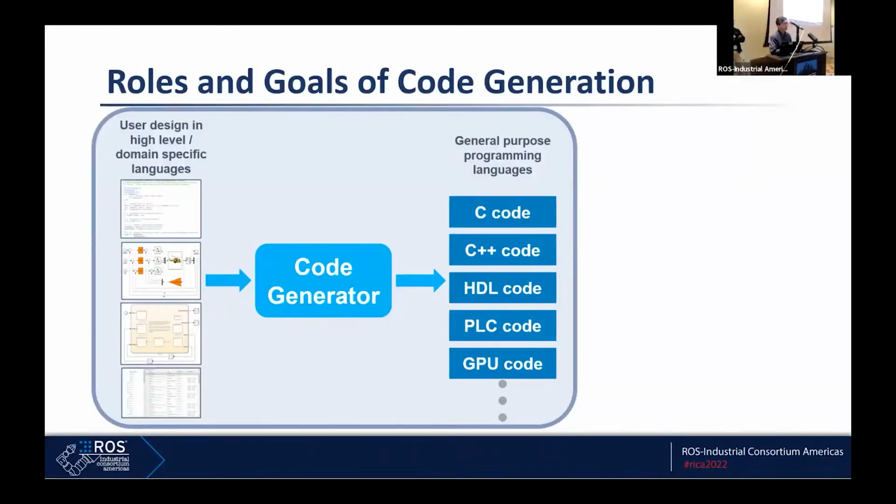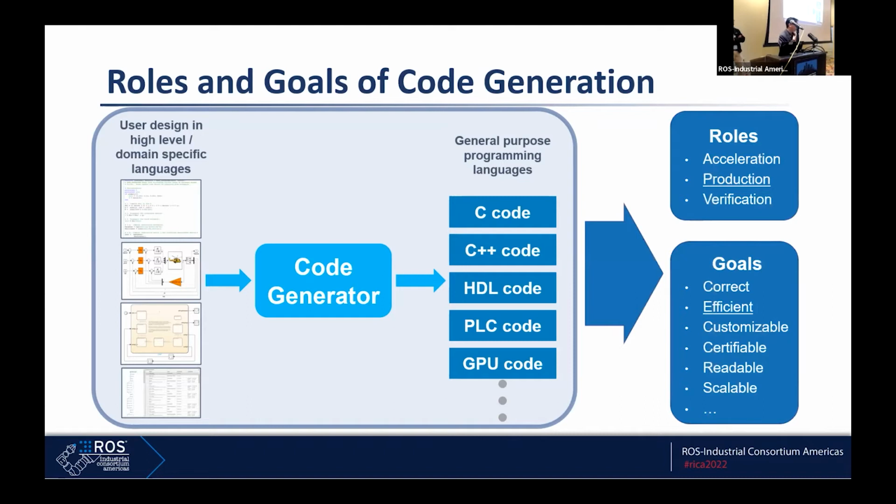This is an important process, and code generation plays different roles in our customers' design and development processes. But for many of our industry customers, the ultimate goal is production code generation, and efficiency is one of our top concerns.